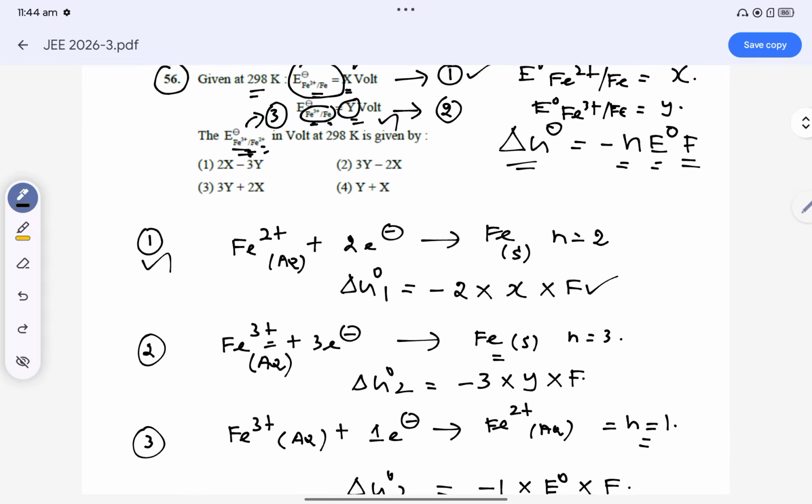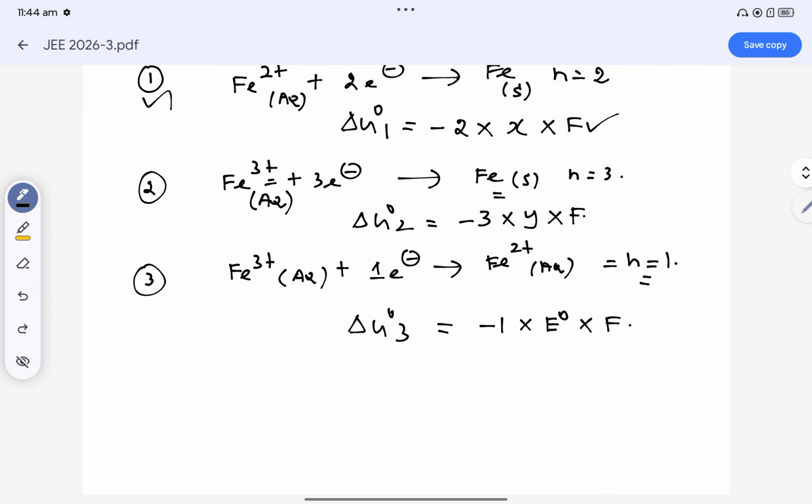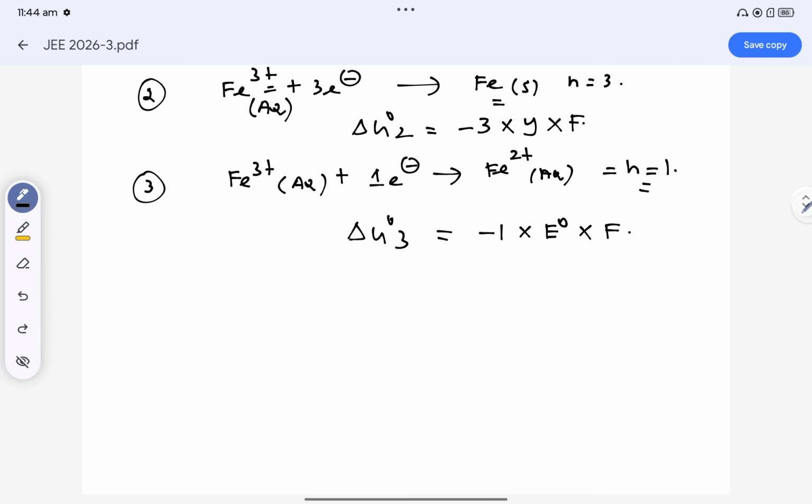So what is our requirement? The E naught value for Fe3+ to Fe2+ is asked. For this purpose I am going to do one conversion, that is del G naught 3 is equal to subtracting del G1 from del G2. In order to get the E naught value for Fe3+ to Fe2+, you must do this conversion.